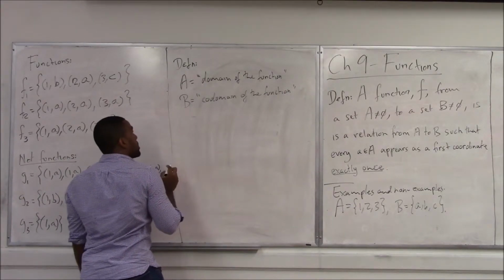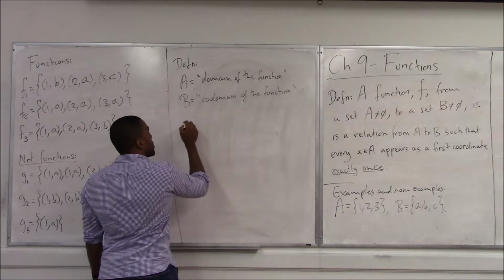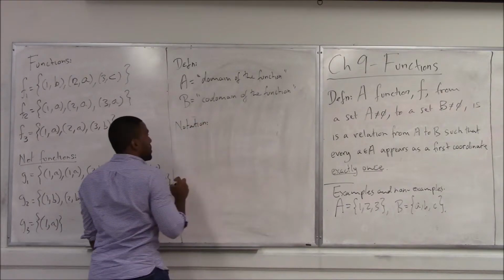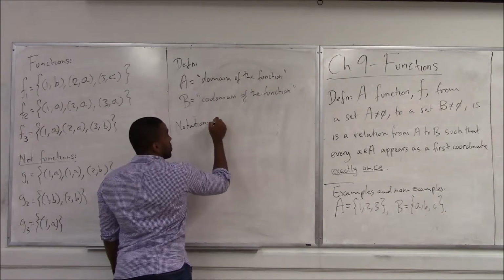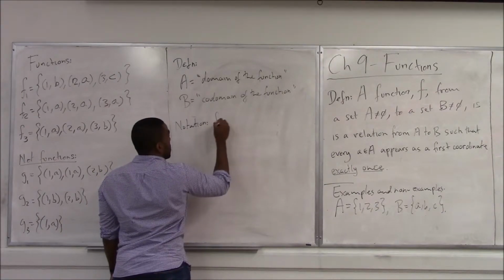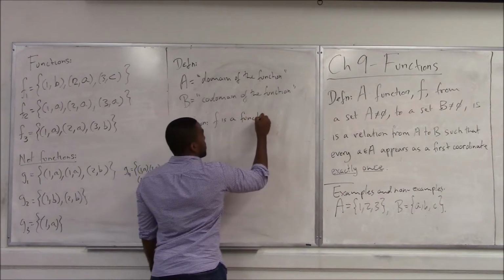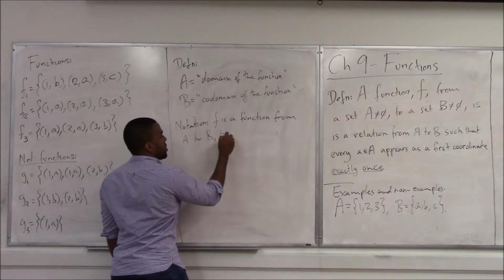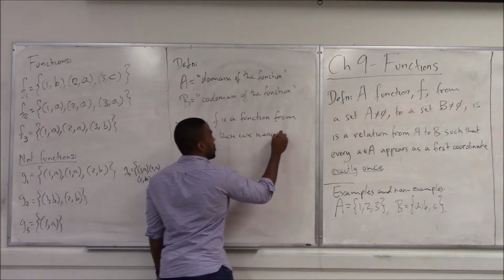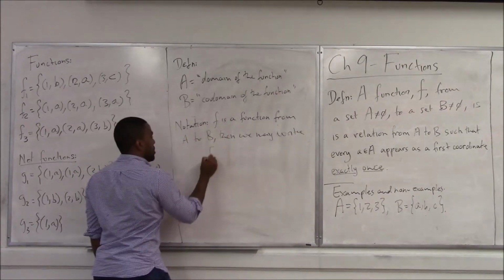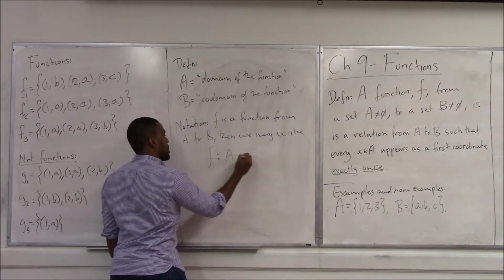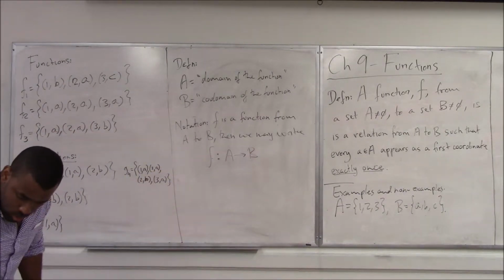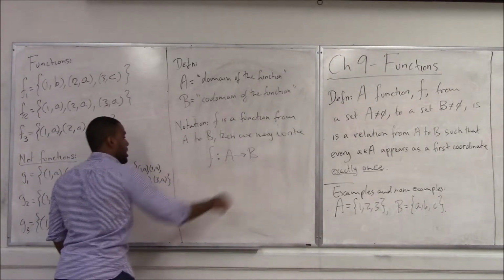If f is a function from A to B, then we may write this notation, f colon A to B. So if it's not understood, you can write it out that way to say who's your domain, who's your codomain. I'm going from this set to that set.